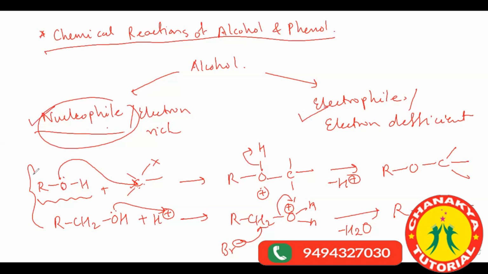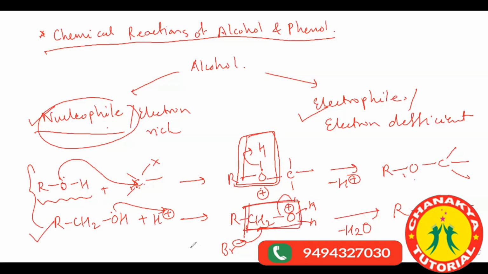When it acts as a nucleophile, your oxygen directly attacks the carbocation or the substrate, right? In this case, the carbon oxygen bond will not break. Here the oxygen and hydrogen bond would break. Are you able to see this oxygen and hydrogen bond? This bond would break when it acts as a nucleophile. And when it acts as an electrophile, at that time your carbon and oxygen bond breaks, right? This bond will break, isn't it?